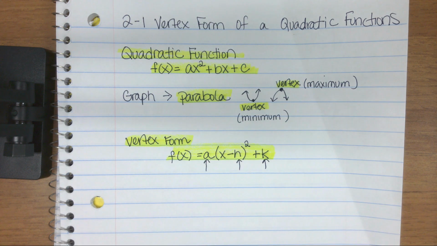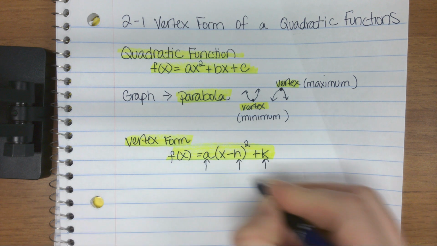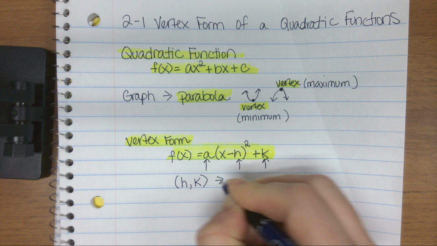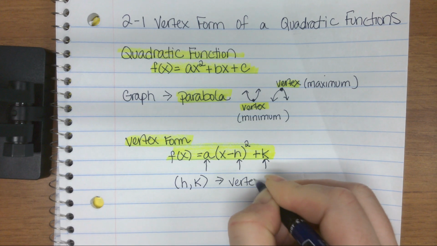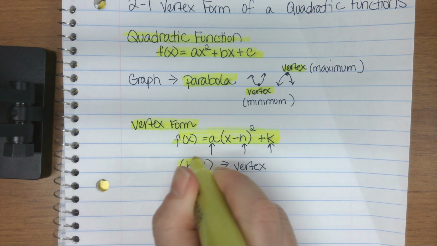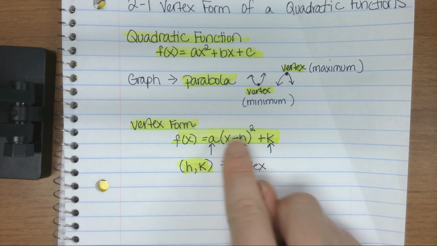What you want to be able to pick out very carefully from this equation is that (h, k) is going to be the vertex. You already really identified that today. What do you notice, though, in the equation about h? What symbol do you see here that you don't see here?